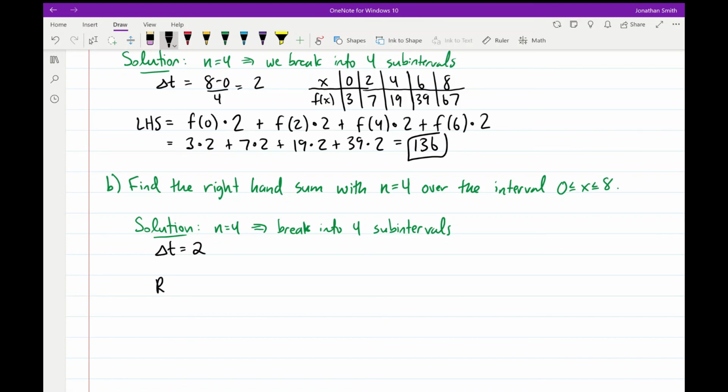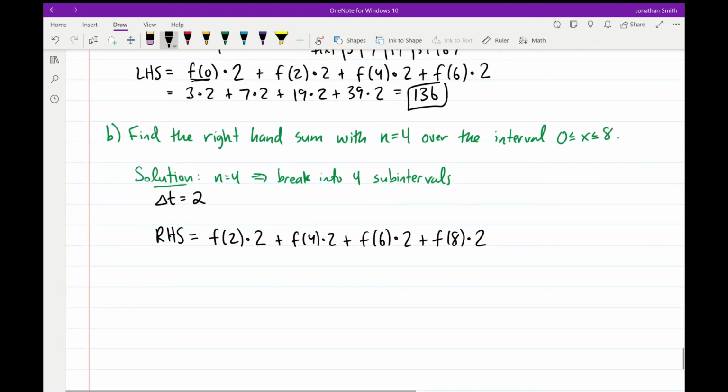The difference is that this time, to calculate the right-hand sum, we're going to use the value of f on the right-hand side of each of the subintervals that we have here. So we're going to have f of 2 times 2, as opposed to f of 0 times 2, plus f of 4 times 2, plus f of 6 times 2, plus f of 8 times 2.